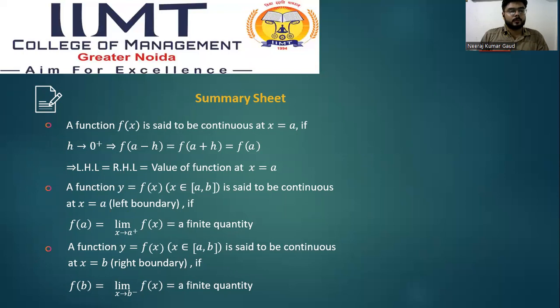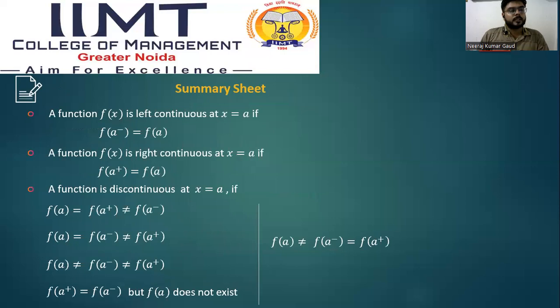A function y equal to f(x), x belongs to closed interval [a, b], is said to be continuous at x equal to a, left boundary, if f(a) equal to limit x tends to a plus f(x) equal to a finite quantity. It is continuous at x equal to b, right boundary, if f(b) is equal to limit x tends to b minus f(x) equal to a finite quantity.